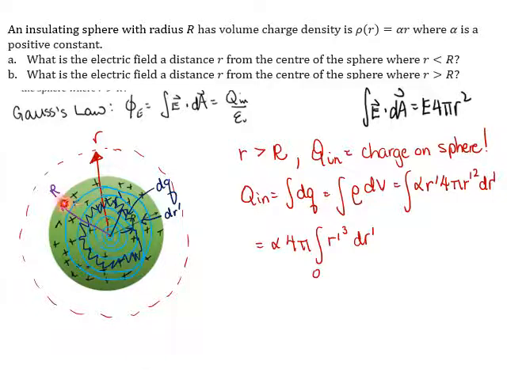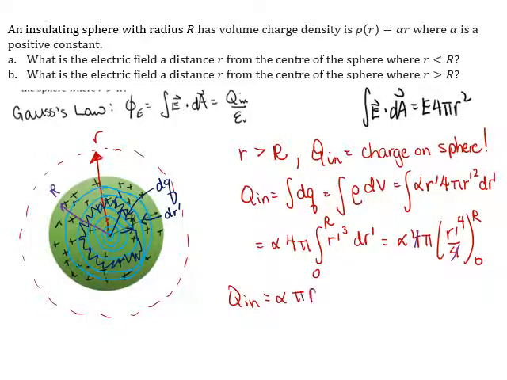And where we'll stop is when we hit the surface of the sphere, because that's the last place where we have charge. So we go over the entire charged object. So that's going to be alpha times 4 times pi times r primed to the power of 4 divided by 4, evaluated at R and 0. Our 4's divide out and we are left with Q inside equals alpha times pi times the radius of the sphere to the power of 4.